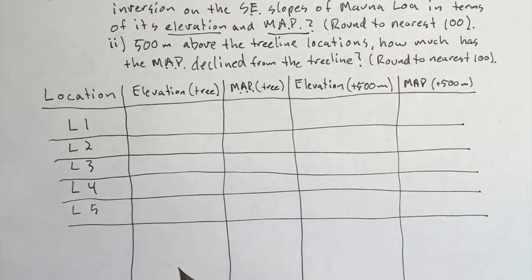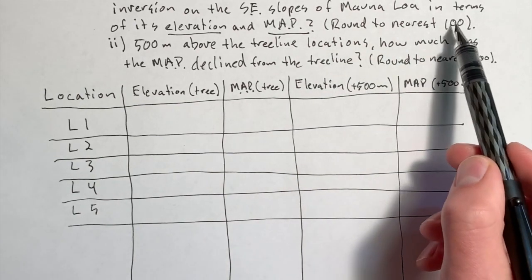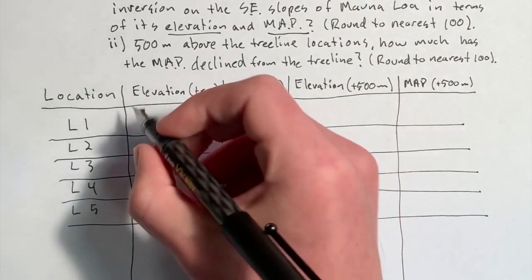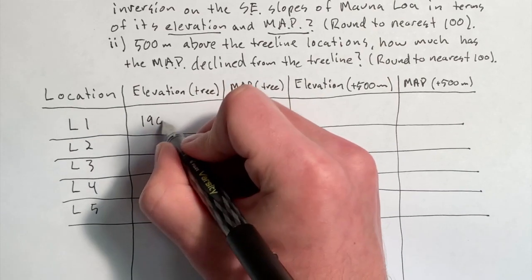And let's go ahead and do this. So let's say you go to your first location and you see that your elevation is 1,911 meters. We're going to round to our nearest 100. So that's going to be 1,900 meters.